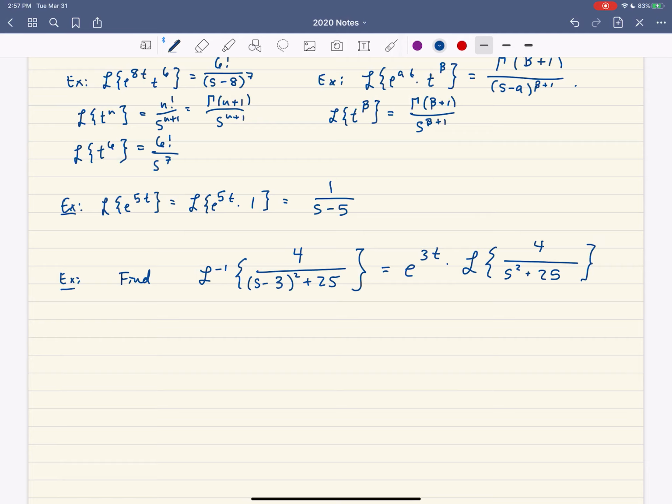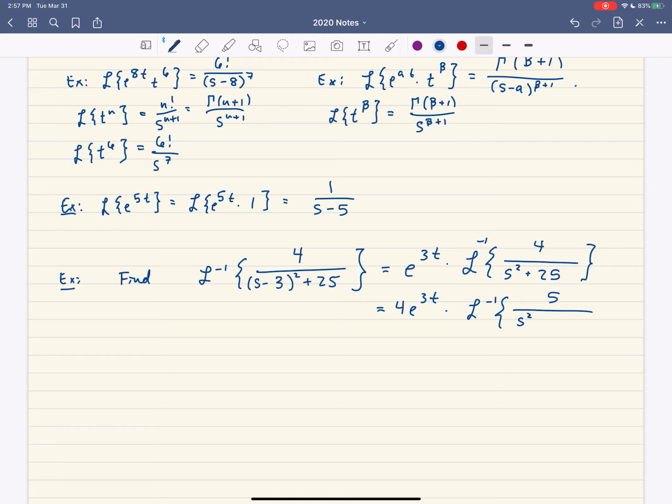And now how do we find the inverse Laplace transform of 4 over s squared plus 25? Well, that's looking a lot like sine, except that would be 5 over s squared plus 25. So what we're going to do is bring out the 4, and put in a 5. Now we're not allowed to just put in a 5.